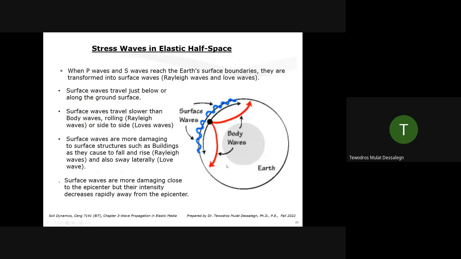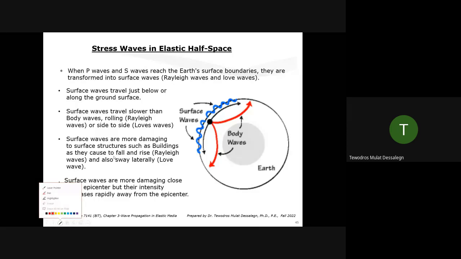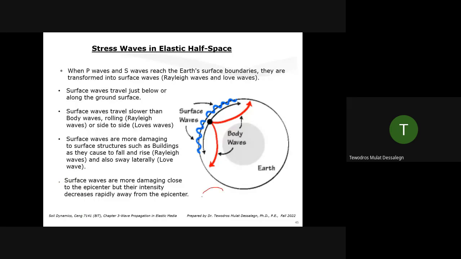So I believe we were right here. We stopped here last time. So, stress waves in elastic half space. Now, when we talked about infinite space, we were considering an element from inside the Earth, somewhere here. So we were considering it infinite in the other directions.